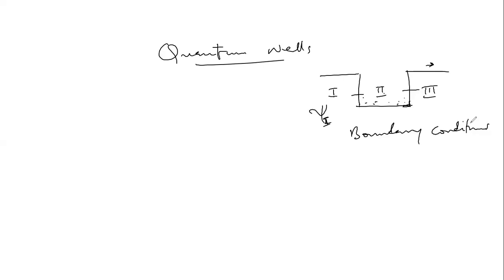So on a lighter note, when we talk about quantum wells, what do we mean? It actually means that we are combining different materials. You recall that in your periodic table, let's look at the elements in group 3, 4, and 5. They are very important to us in semiconductor physics.